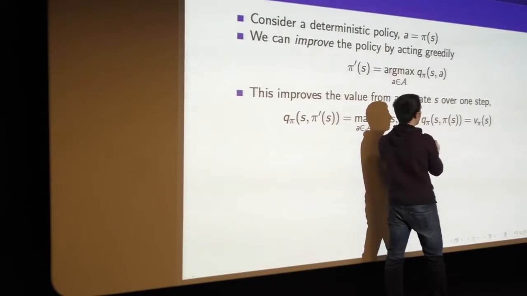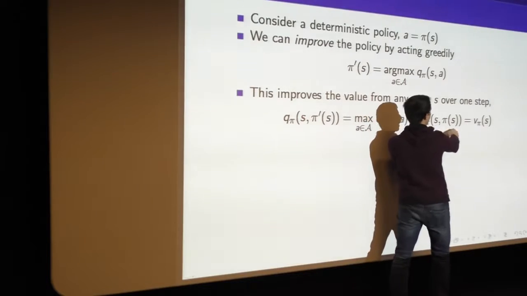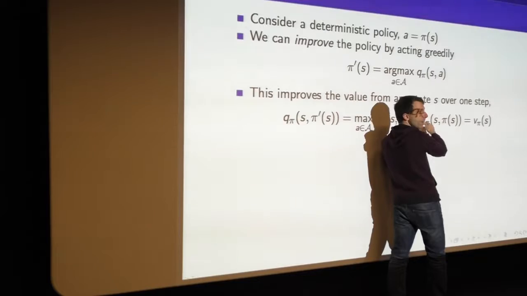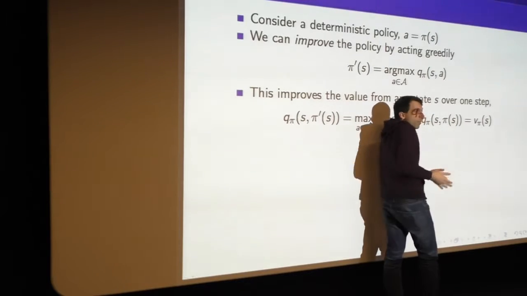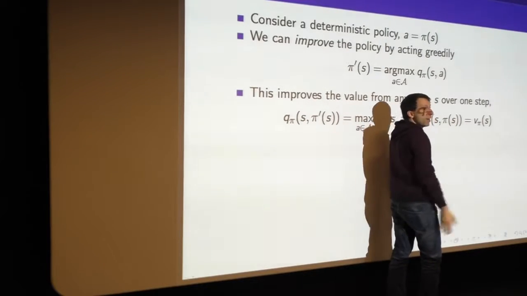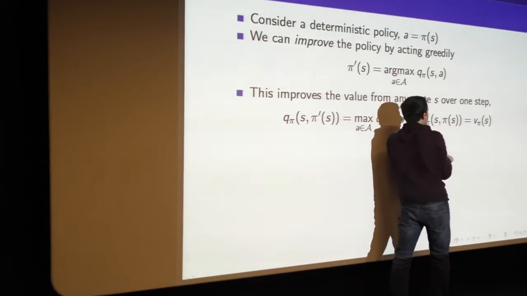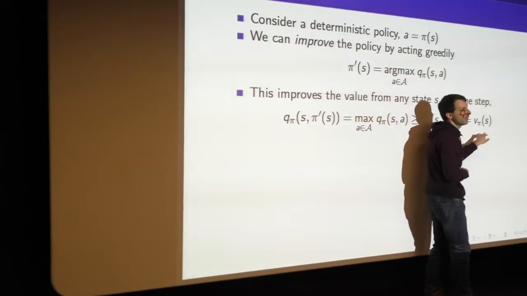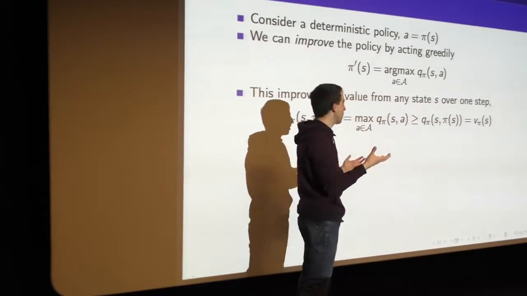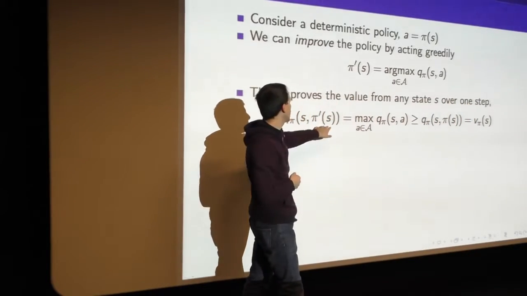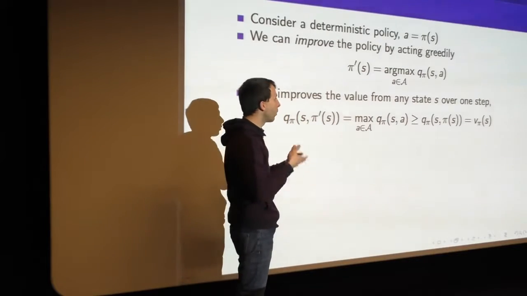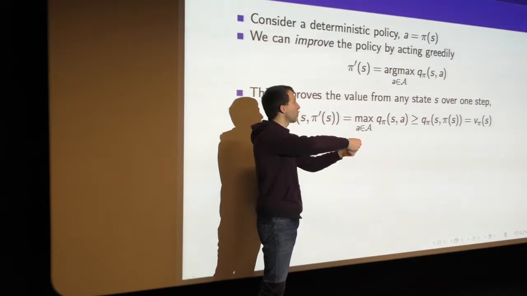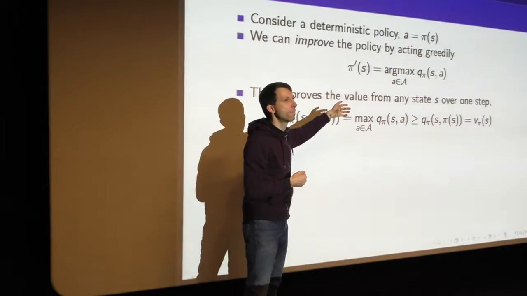That's saying the value if we take policy pi for one step, and then follow policy pi forever after, is the same as following policy pi all along, which is v pi. So, a long-winded way to say that the value function improves over one step at least. If we just take our pi prime for one step, we're going to get at least as much reward as the policy we started with.